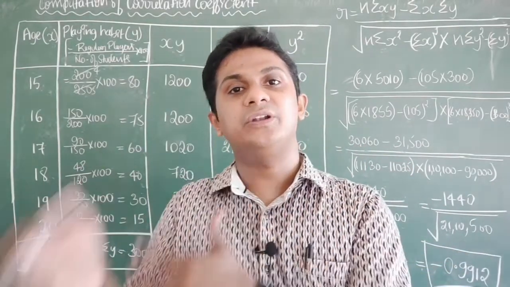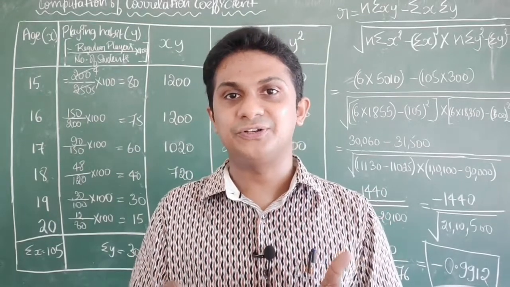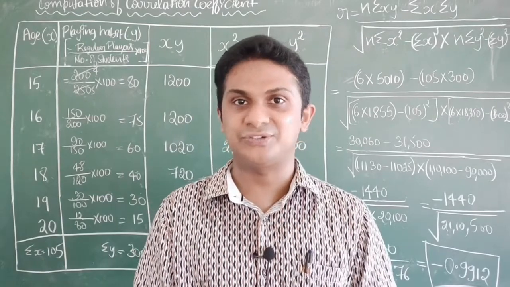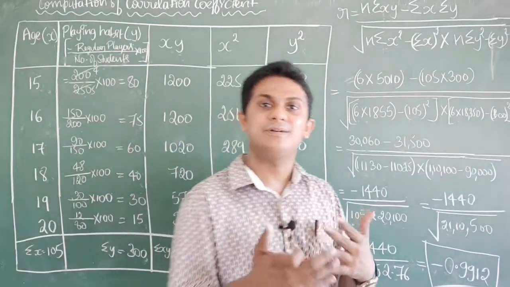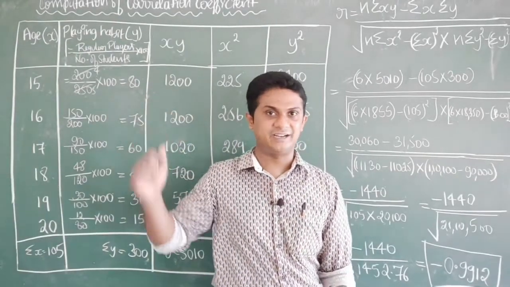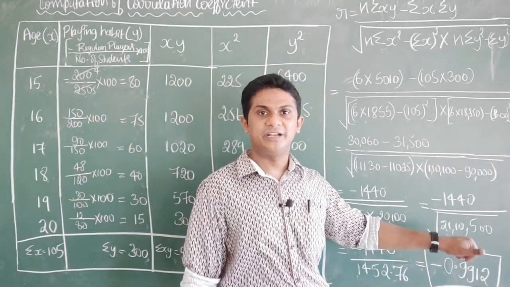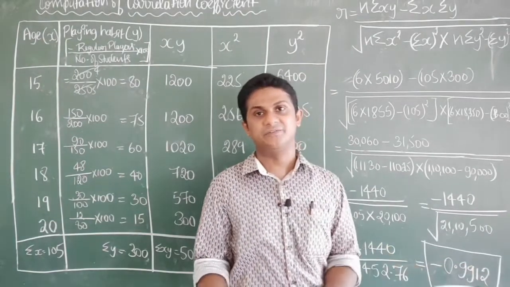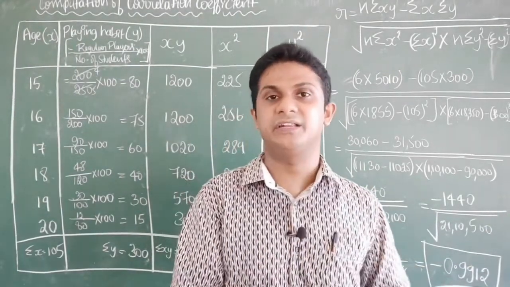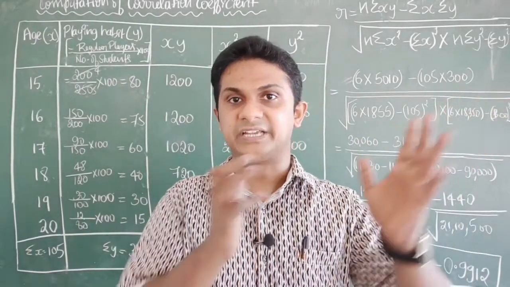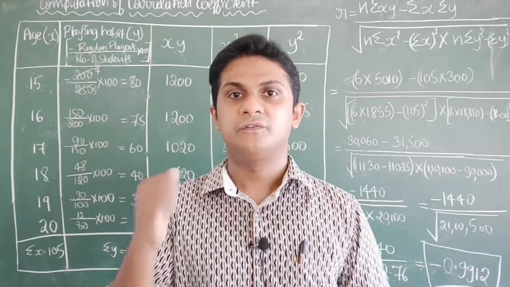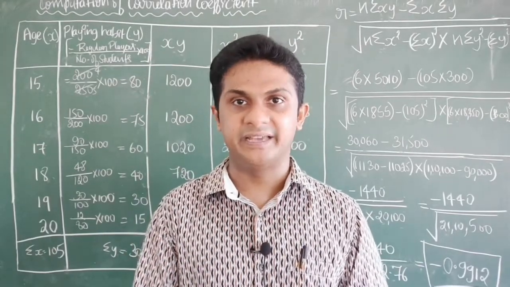As we get older, we started to avoid playing. So that is an inverse relationship. Otherwise also we naturally find the same inverse relation, and we have also got it for this given data, which is minus 0.9912. So we are telling there is a high degree of inverse or negative relationship between age and playing habit. So this is how you can write a conclusion for this question under the direct method.